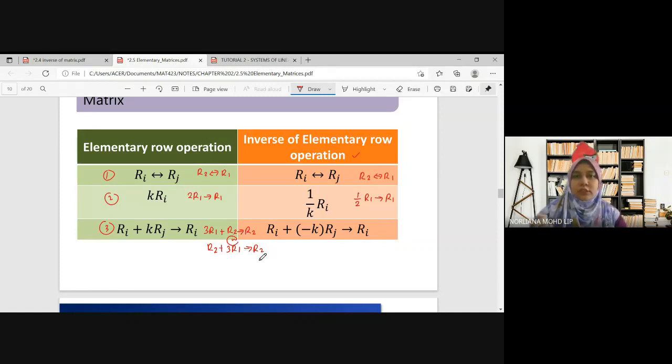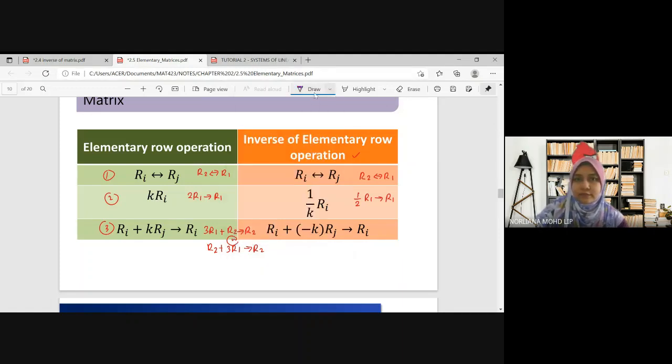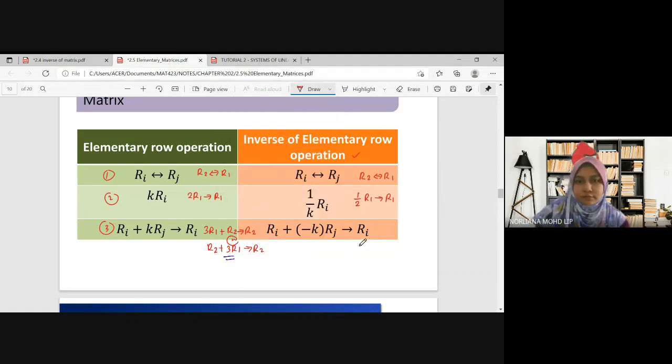So untuk to find the inverse of elementary matrix, untuk yang ni dia akan jadi negatif. Ni, dia akan jadi negatif. So dia akan jadi row 2 minus 3 row 1. Transform into row 2.